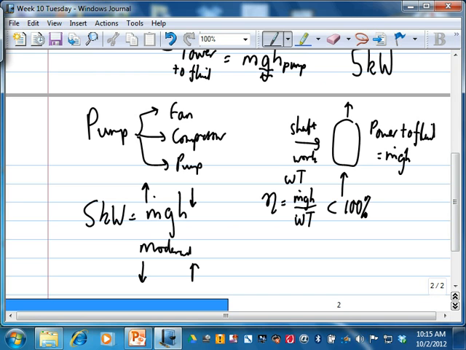What that means is you can either move a lot of fluid, but give each unit of fluid only a little bit of energy, or you can move a little bit of fluid and give each unit of fluid a lot of energy. Does that make sense? Two types.